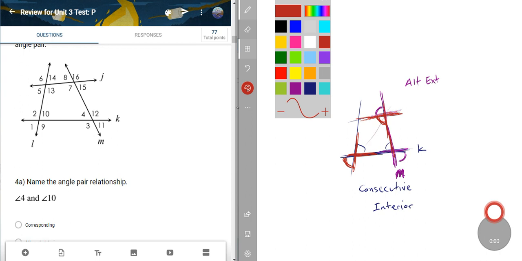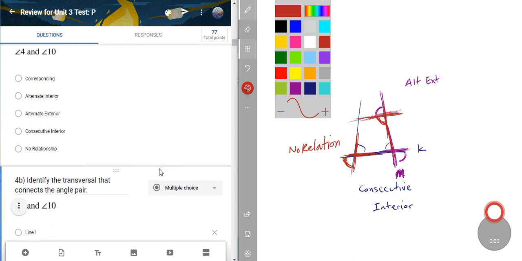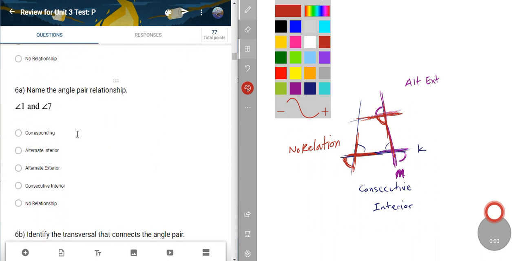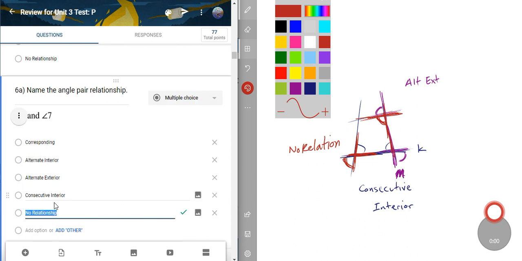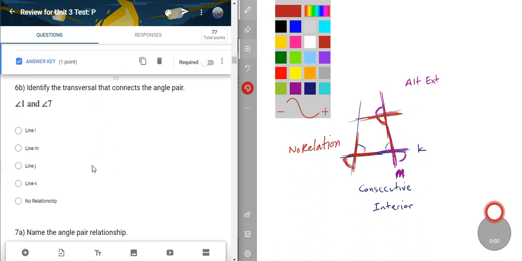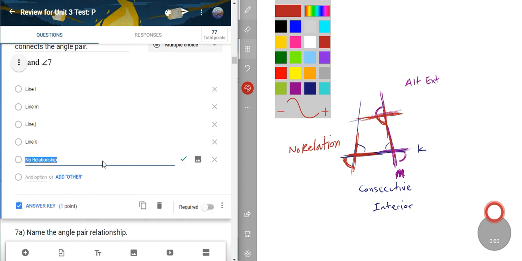There's no transversal that connects those pieces together. So actually, this one would be our no relationship. And that's for, what was that, 6? So for 6, we've got no relationship here.